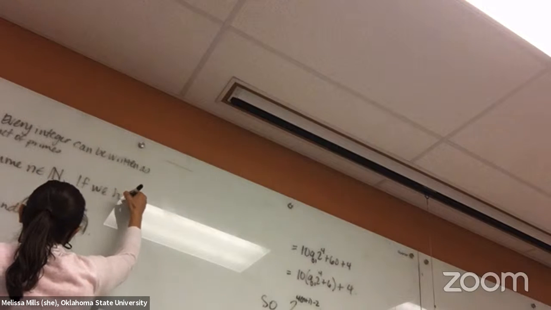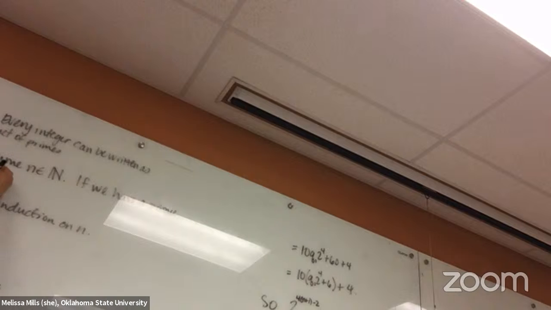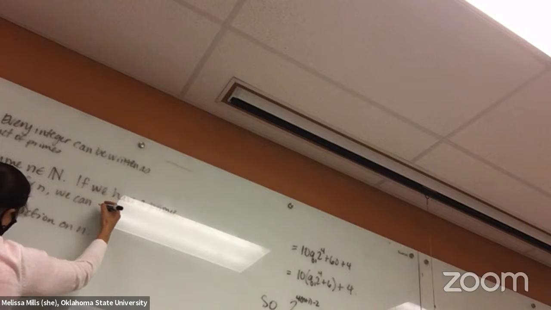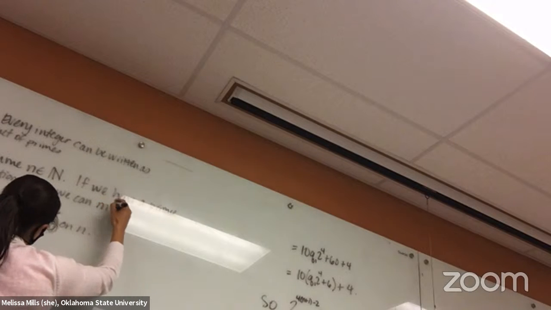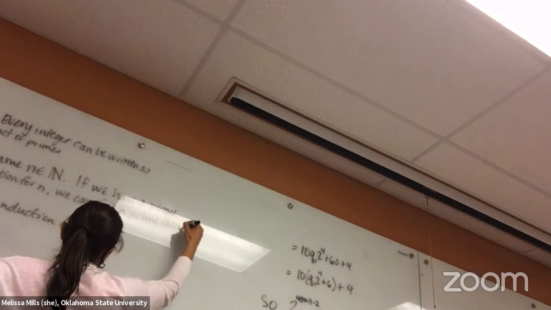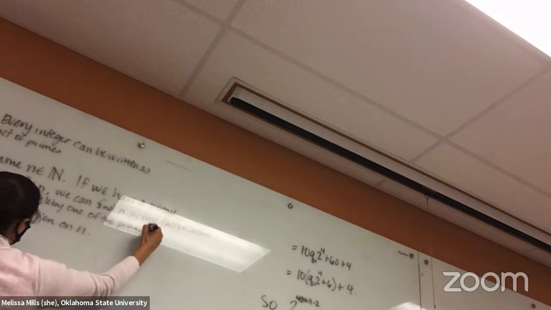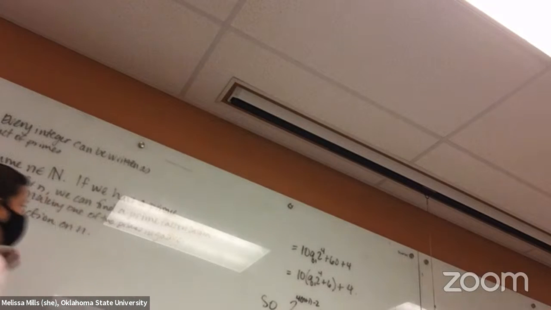If we have a prime factorization for n, we can find a prime factorization for negative n by just making one of the primes negative. Therefore, we can just show it for the positive integers.